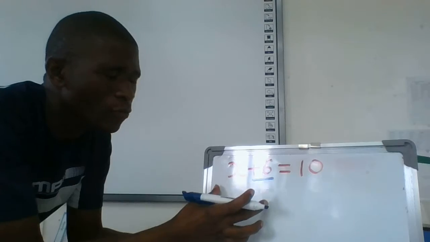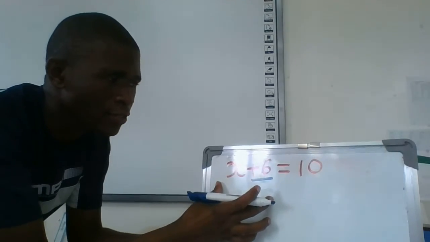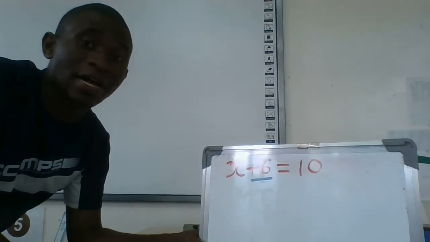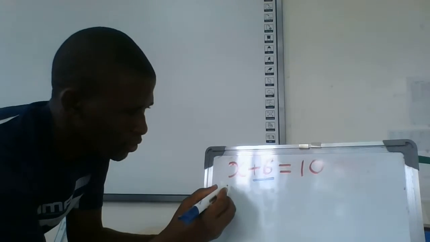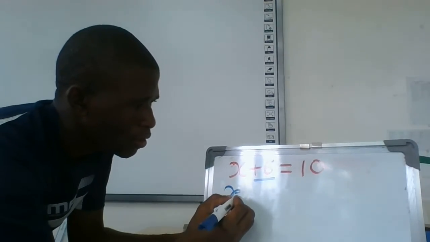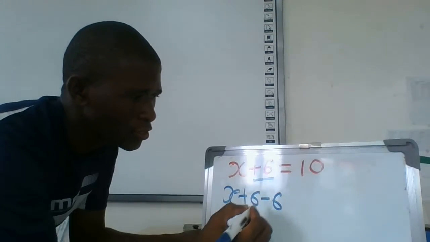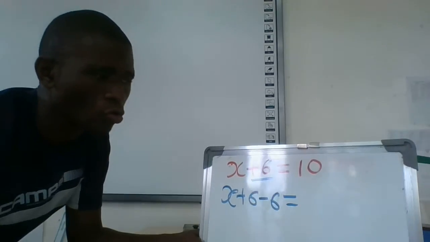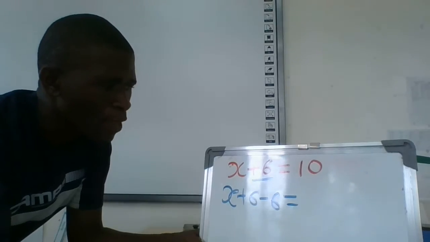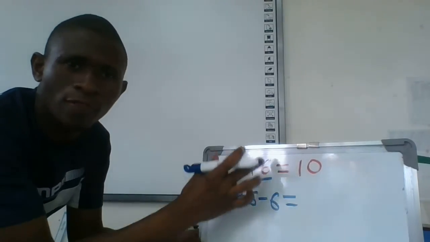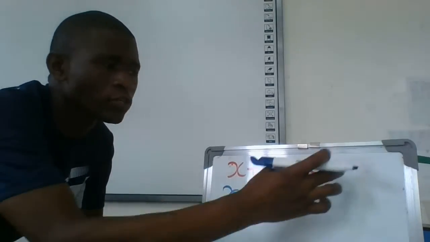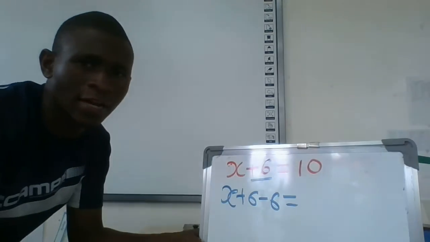So in order to remain with x only on this side, we need to subtract 6. So we write x plus 6, then take away 6, is equal to. What we apply on this side, we are also going to apply on the other side.